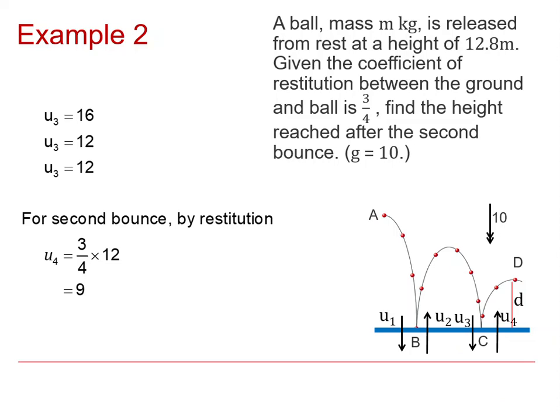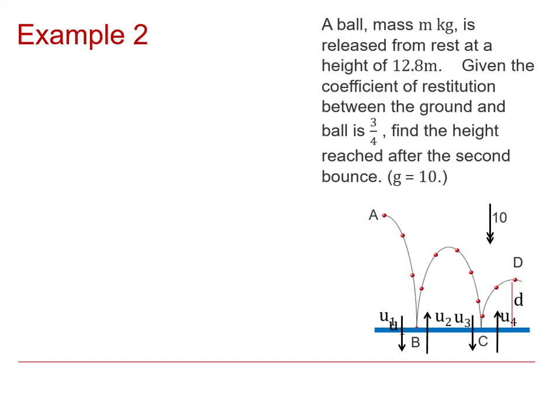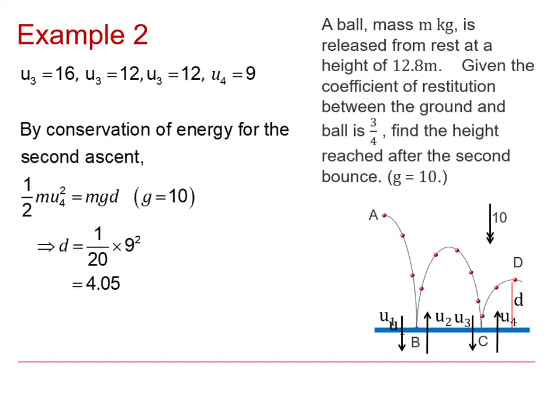We're going to say that the kinetic energy at C is converted into potential energy at D. So that will tell us that, given our summary of the story so far, a half m u4 squared equals mgd, and just as in the first calculation the m cancels out. So kinetic energy is equal to potential energy on that final section.